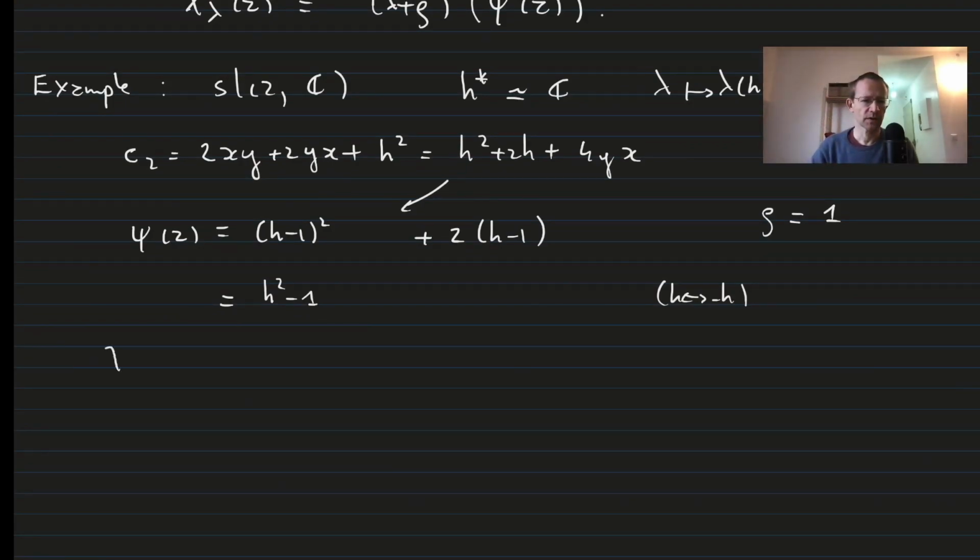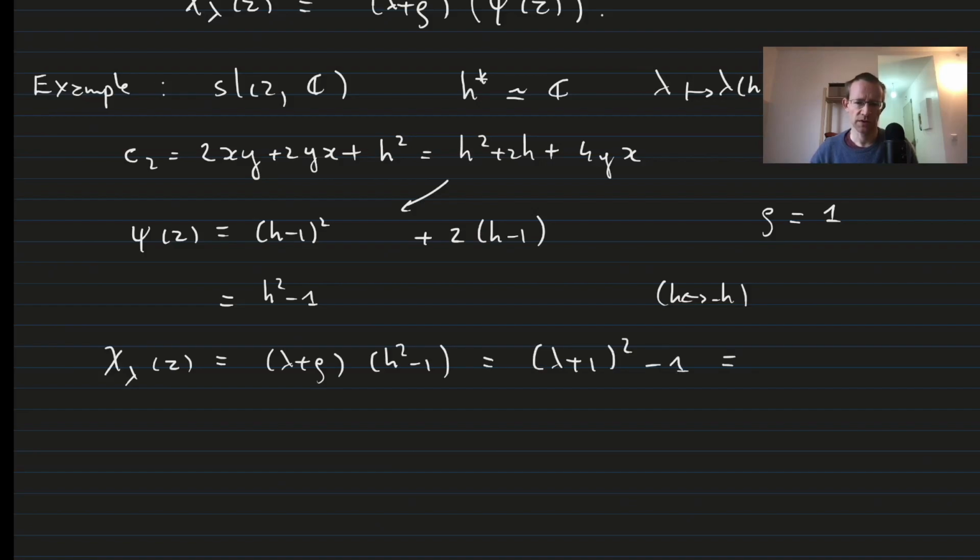And if we compute chi lambda of z, it is lambda plus rho evaluated on h squared minus 1, which is basically lambda plus 1 squared minus 1, which is lambda times lambda plus 2.